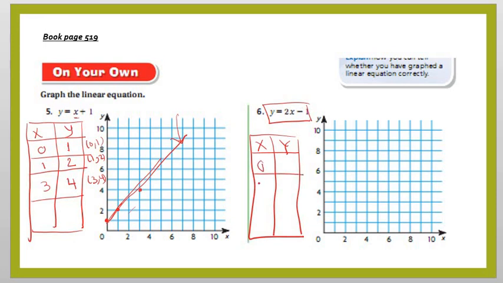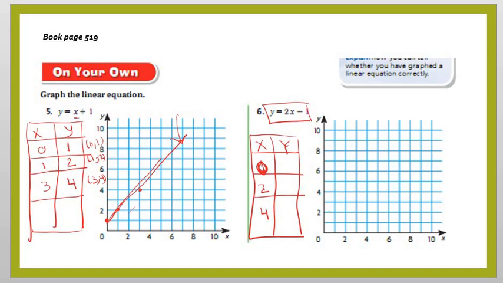We'll have 0. Then I can have 2. Also, I can have 4. Okay? When x equals 0, this point will be negative.